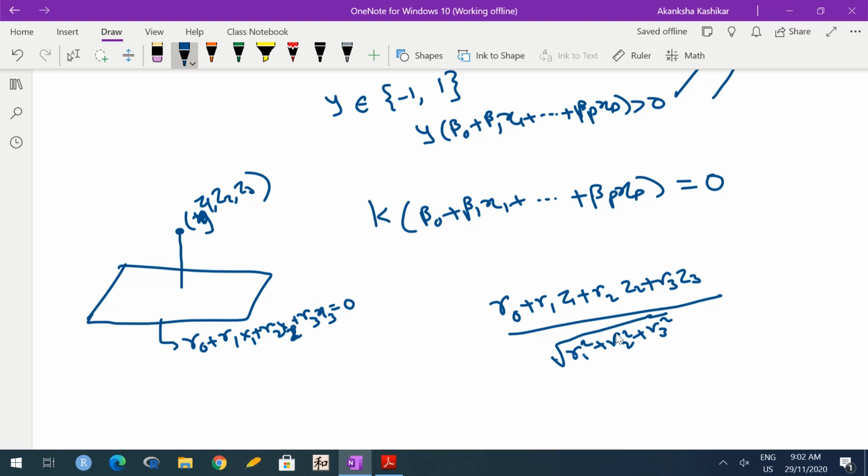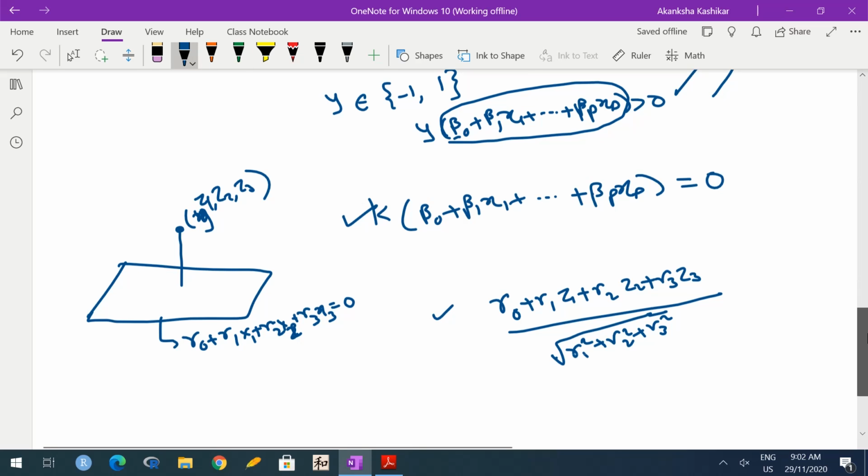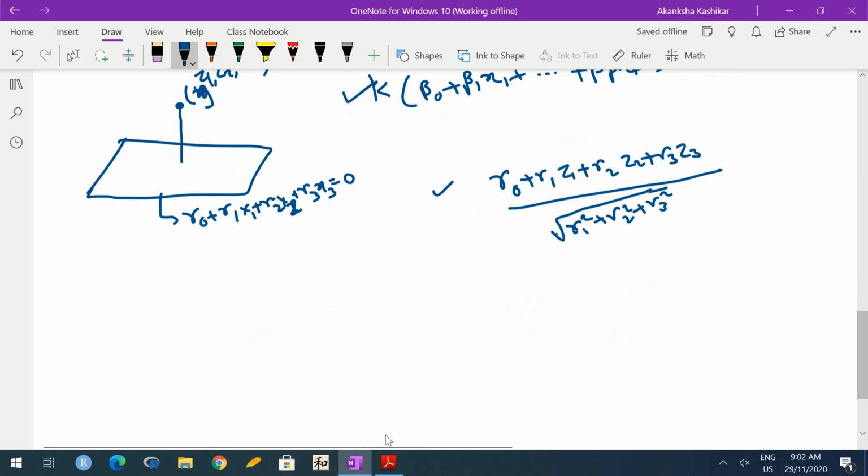Can we make use of this? We want the margin to be high, and the margin we know is a perpendicular distance. So we will combine this property and this property, and instead of just getting a plane which has this equation, we will also make sure that the summation of beta j square, j going from 1 to p, is 1.